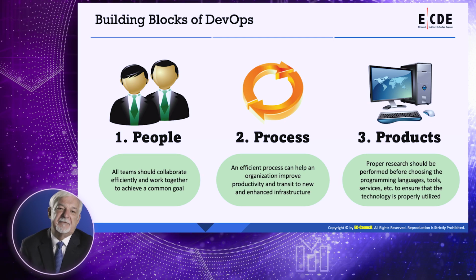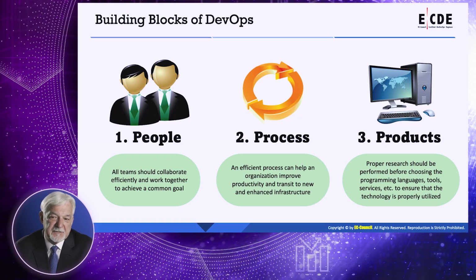The building blocks of DevOps, what all is included here. And of course, like anything else, we have people, processes, and products, or the technology. People: all teams that are involved in this collaborate and work together to achieve a common goal. And that even includes the customers. Processes can be automated and integrated, which allows for efficiency, improving productivity in transit to new and enhanced infrastructure or code.